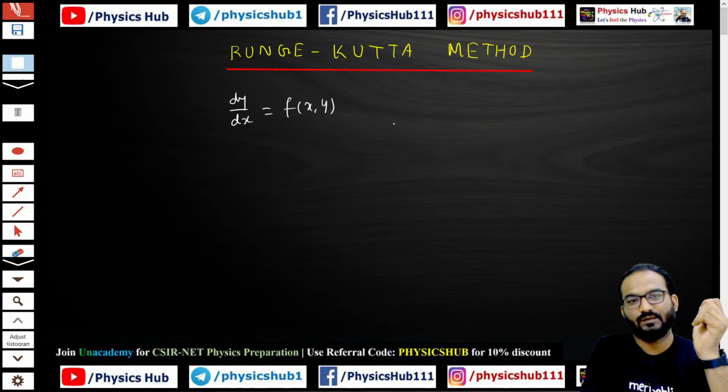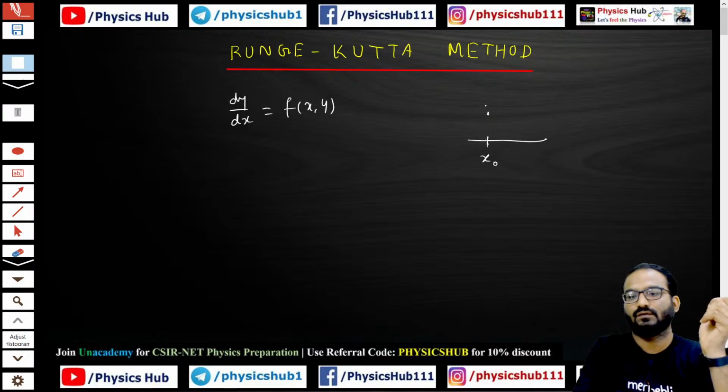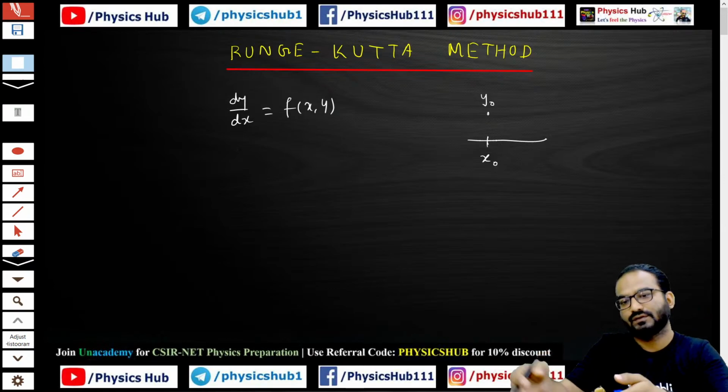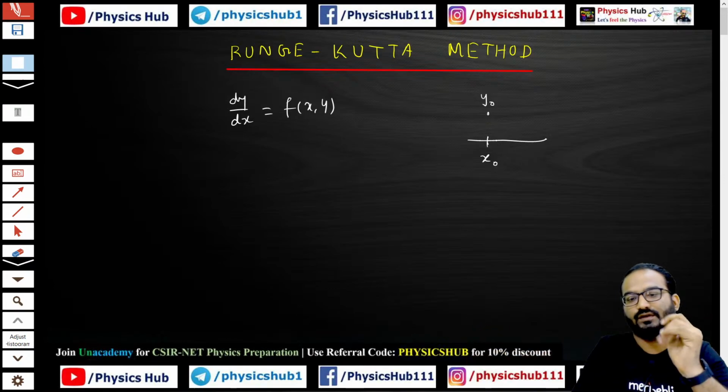What happens in Runge-Kutta method? Here we know the solution at some point, and based on that solution, let's say x equals x naught, we know the value y naught. Now we cannot know the solution in a continuous manner in Runge-Kutta method. In Runge-Kutta method, you define some interval, let's say delta x.